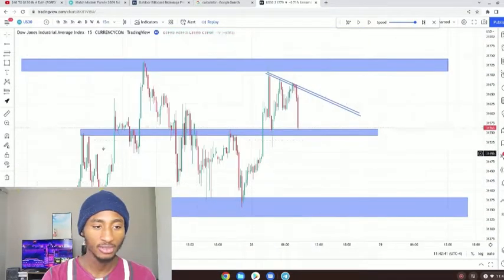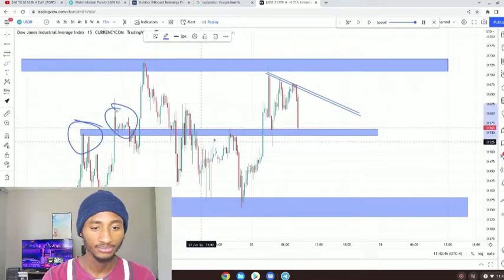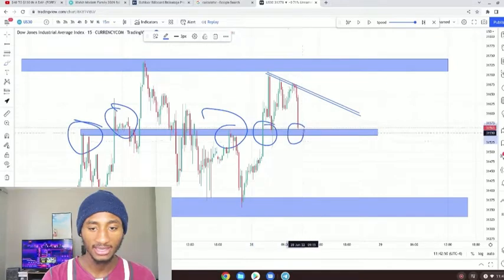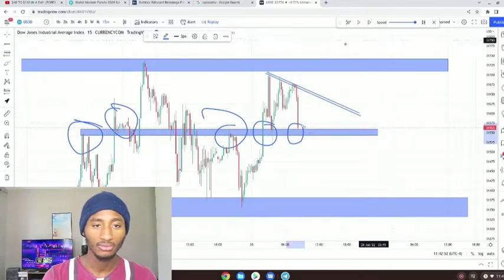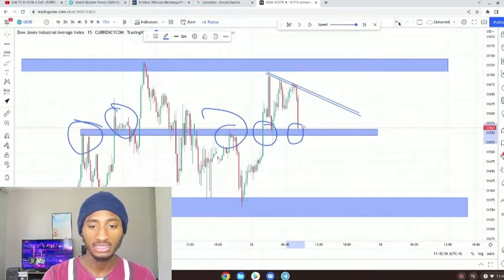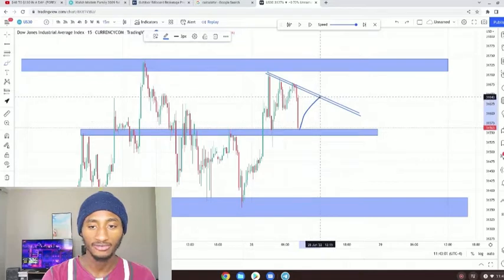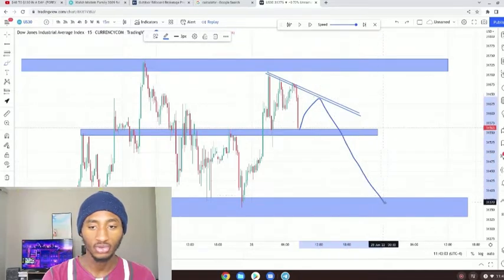So right now basically what we're seeing is that markets respect this level. I feel like markets might respect it back here. I don't know how hard it's going to respect it, but I do feel like market is going to respect it again and probably keep going up here. Then from there it might drop all the way down.